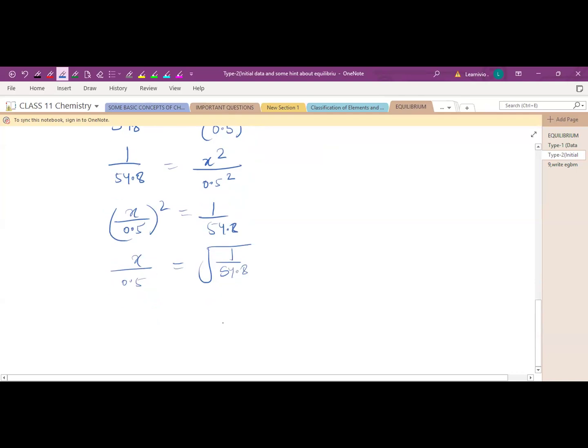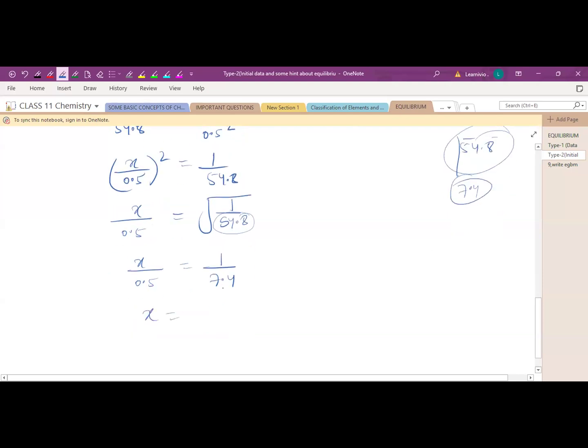The square root of 54.8, using the long division method as you know very well, is 7.4. So x upon 0.5 equals 1 upon 7.4. Now x equals, just cross multiply, 0.5 divided by 7.4. Just divide this.